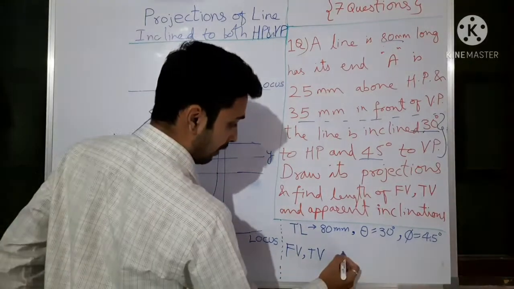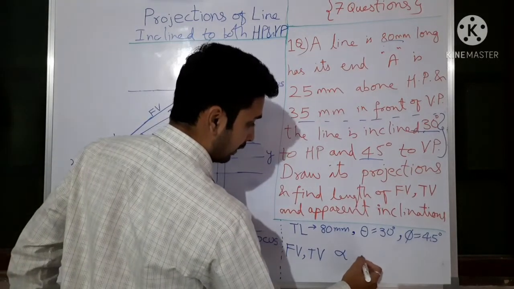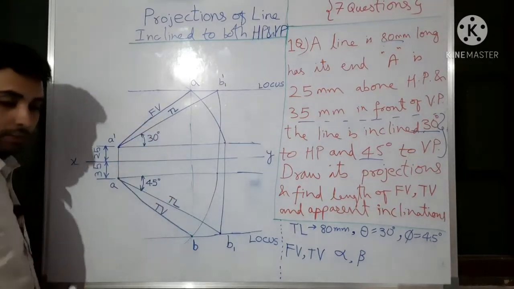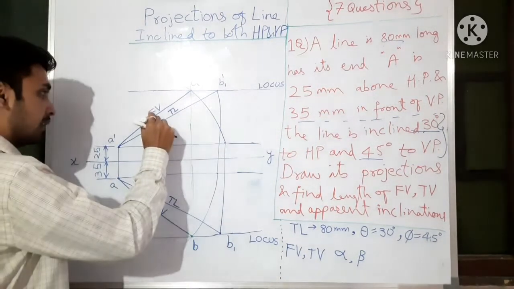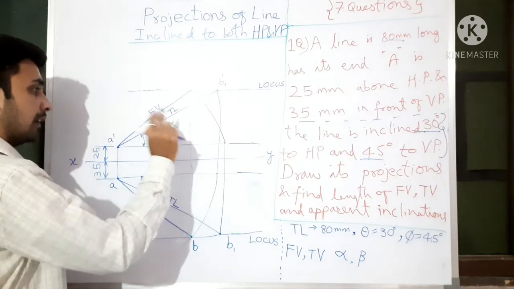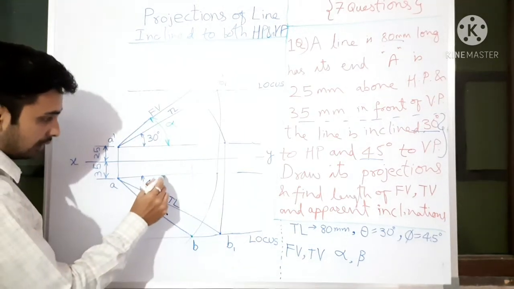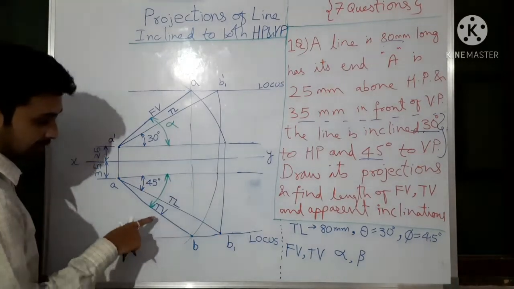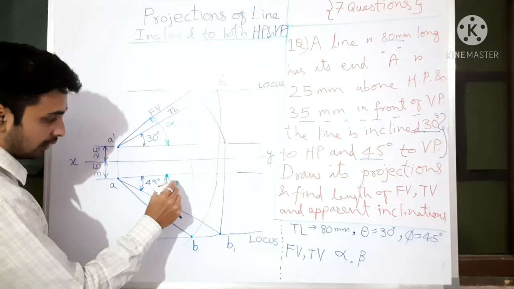Along with this we have alpha and beta. Alpha is the inclination of the front view. This is your alpha. And here the inclination of the top view is beta.